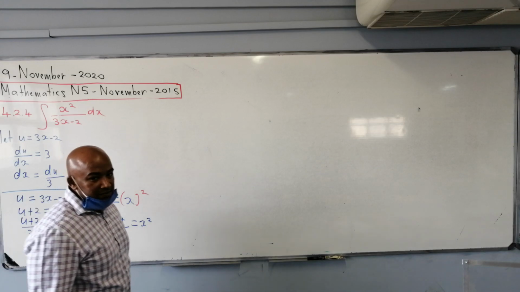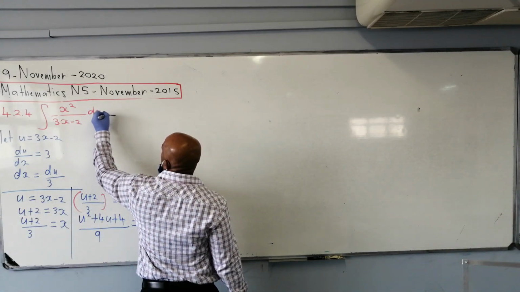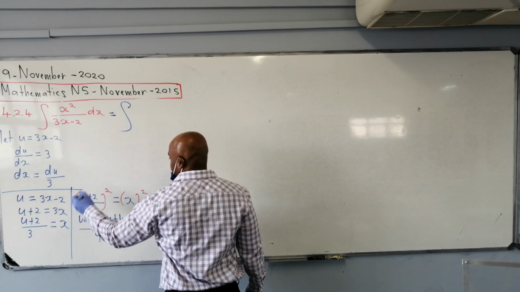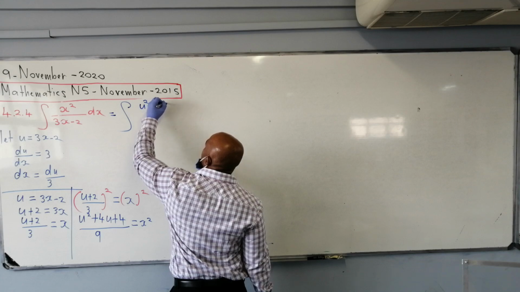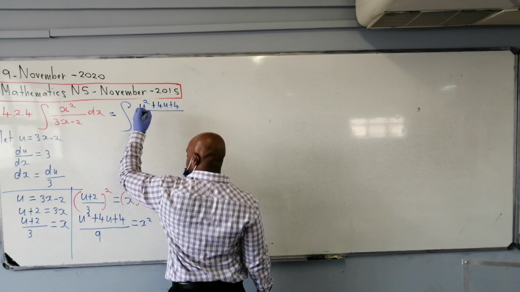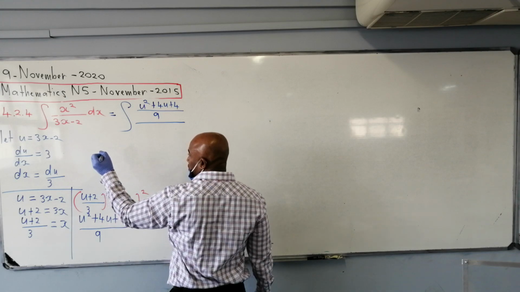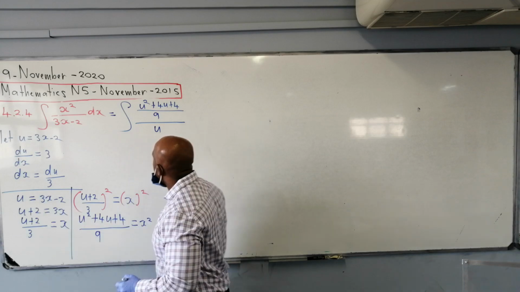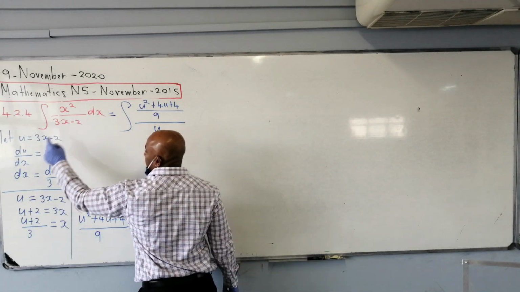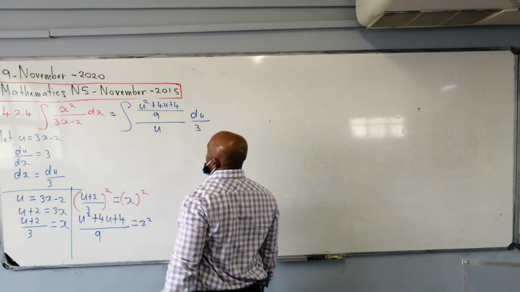And now I have my replacement for x squared. So this is going to equal now u squared plus 4u plus 4 all over 9 divided by 3x minus 2, which is u. 3x minus 2 is u. And dx, there's my dx here, which is going to be du divided by 3.